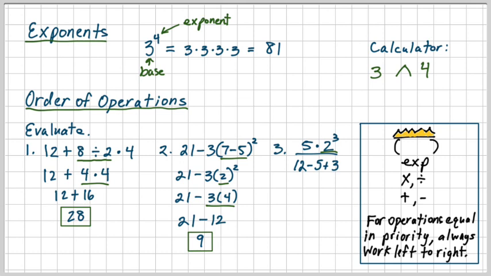Now remember, this is 2 to the third power, 2 times 2 times 2. So we're going to get 5 times 8 here. And in the bottom, remember, we go left to right with things that are equal in priority. So we're going to end up with 7 plus 3 in our denominator. So we're going to end up with 40 over 10, which is 4.